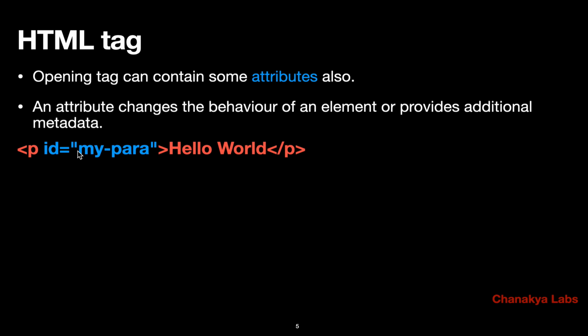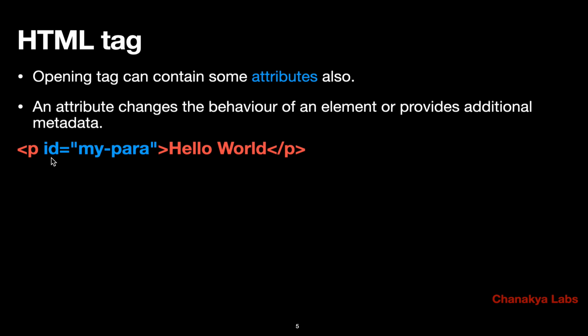For example, there can be 10 paragraph tags in my HTML document, but I am putting id is equal to my para in this element. This is the tag, this is the tag, and the whole thing is an element. Now there can be 5 paragraph elements with different IDs. So what is the ID doing?